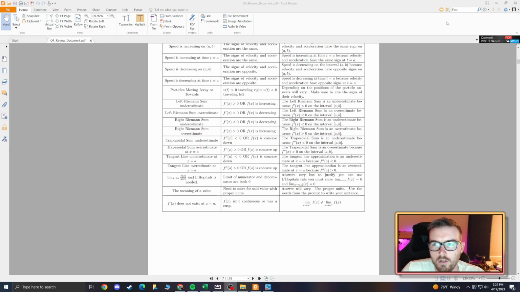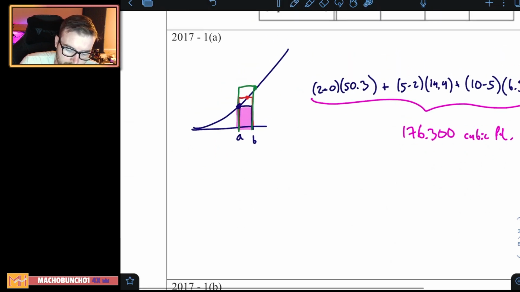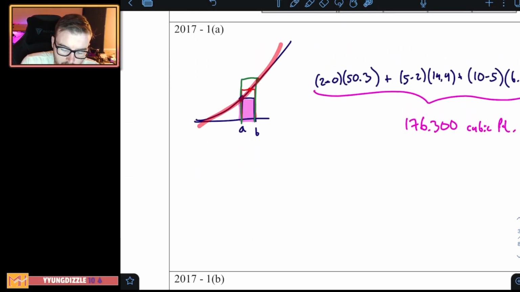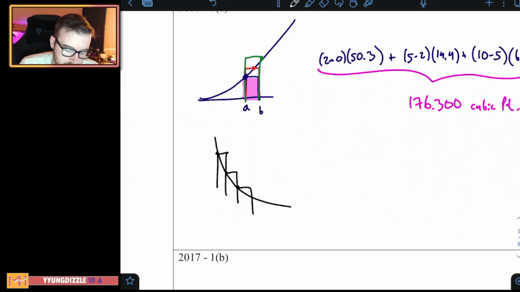Now, you could memorize that, I suppose, or again, look at what's happening here. This function is increasing, so when you choose the left, all the other points are going to be above because it's increasing. So this left-hand sum is going to underestimate. But if everything was coming down, then with the left-hand sum, you'd be making all of these rectangles above the graph, okay?